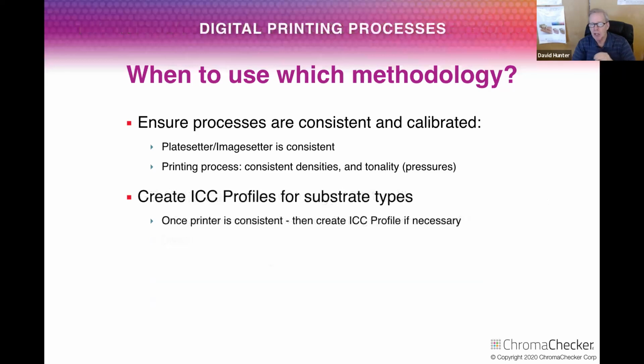Now, when we're dealing with digital, like I said, most digital presses have calibration built into the RIP, and it gives processes to use an instrument to calibrate the printer. And in most cases with digital, I don't take the effort to build a G7 curve. If the device after calibration is good enough, I might not need to do anything else.